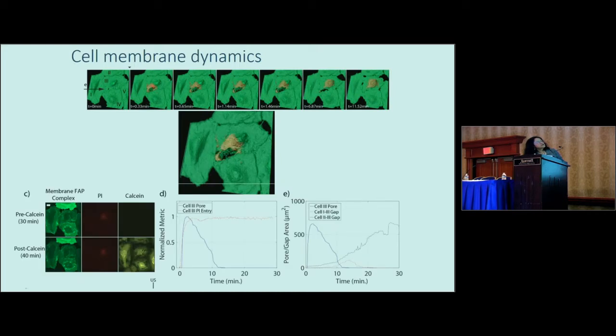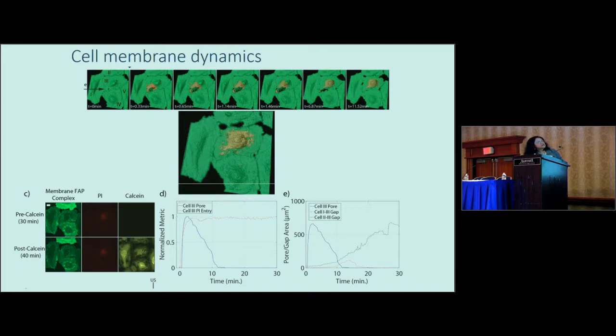This is in three dimensions, where you can see more clearly that there's this trailing edge of propidium iodide and no further entry of propidium iodide after just a few minutes, despite the fact that there appears to still be a hole in the cell, again suggesting that the hole is sealing from the inner border of the pore.